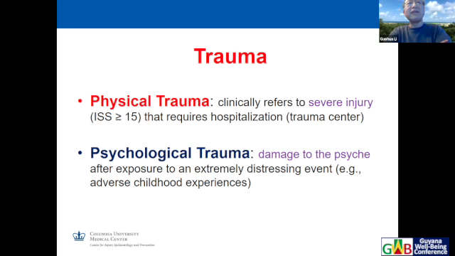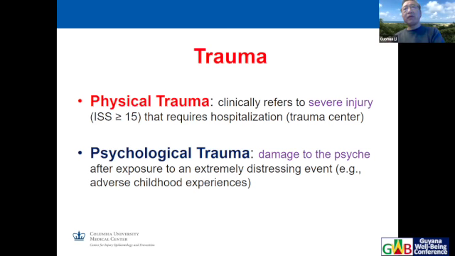In medicine, when we talk about trauma, we refer to a subset of physical injury. So I'm talking about physical trauma, which is defined as severe injury, usually based on an injury severity score of 15 or higher.